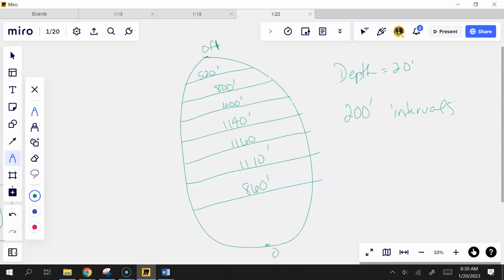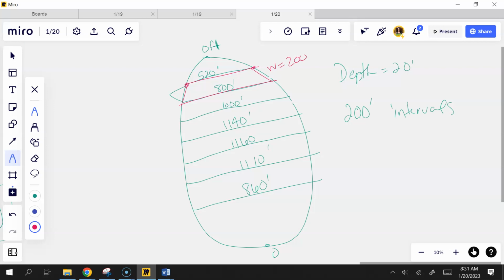But then it says distances across the pond at 200-foot intervals. So your width is 200, right? Each one of these I'm thinking is 200. Here's the way I see this. Trapezoid. Is that the way y'all see it?